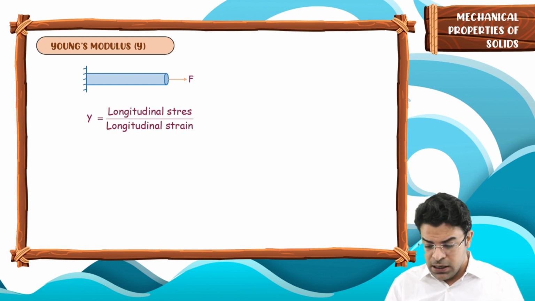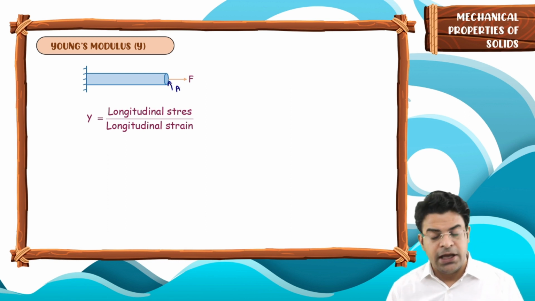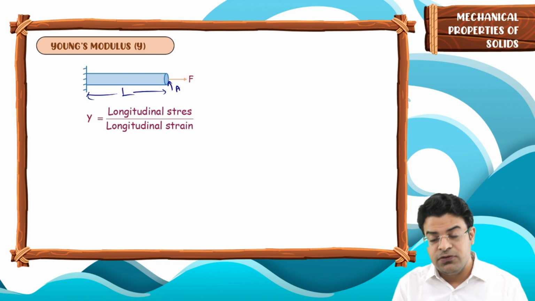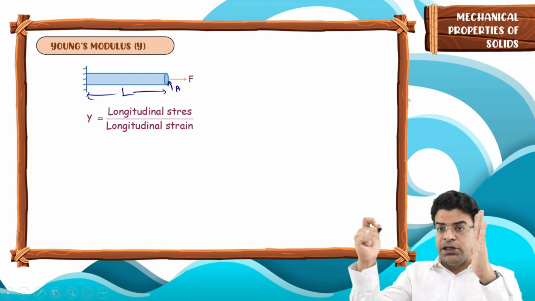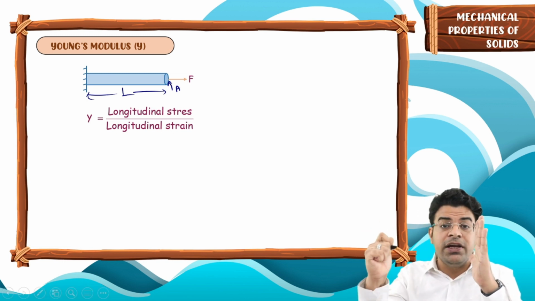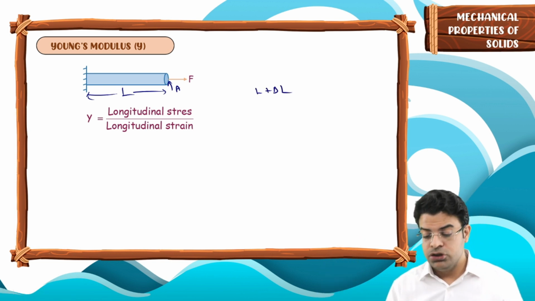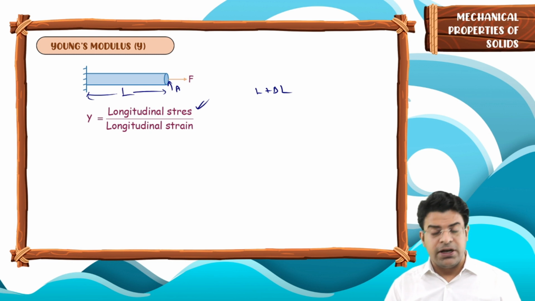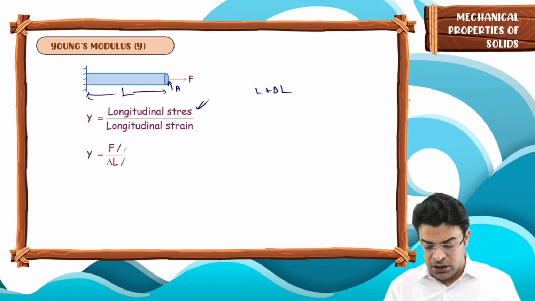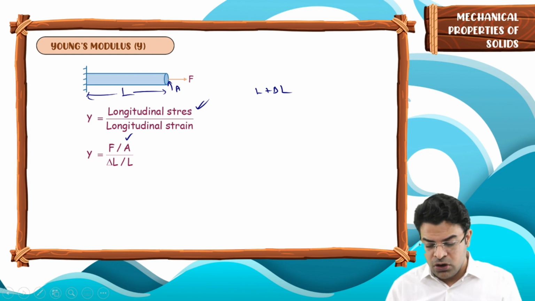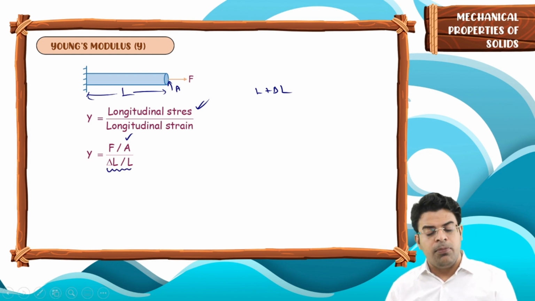If this rod has a cross-sectional area A, and original length before the application of force was L, and after the application of this force, which is trying to increase the length, is L plus delta L, the longitudinal stress on this rod will be nothing but force upon area, and the longitudinal strain on this rod has to be equal to the change in length upon length.